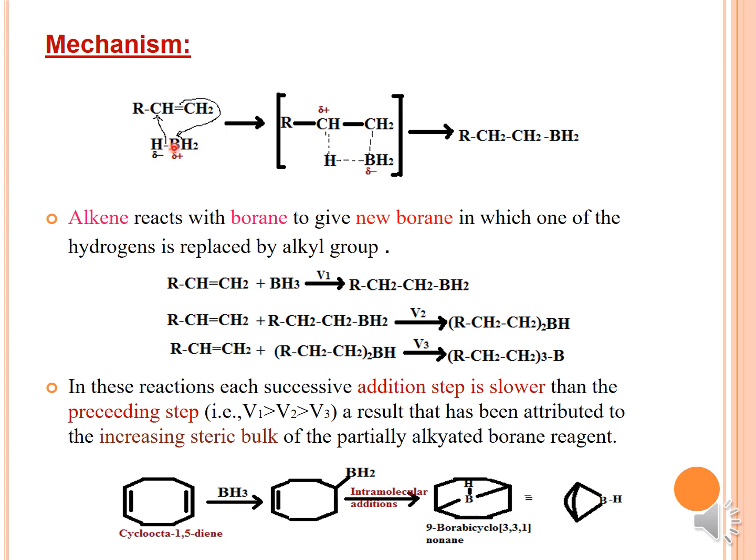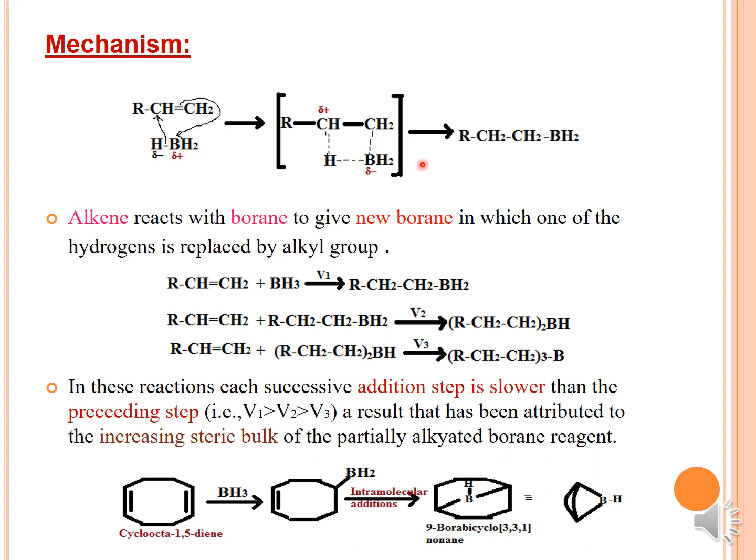The hydride transfers to the carbon atom, and meanwhile the alkene attacks the boron. So you will get a 4-centered cyclic transition state.